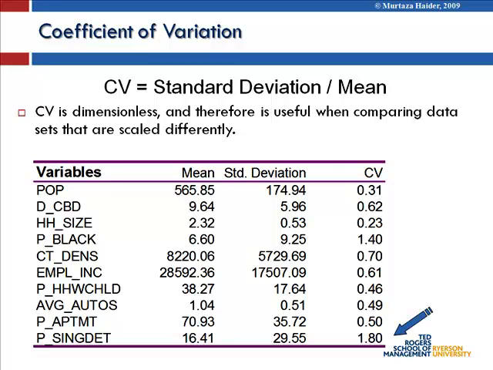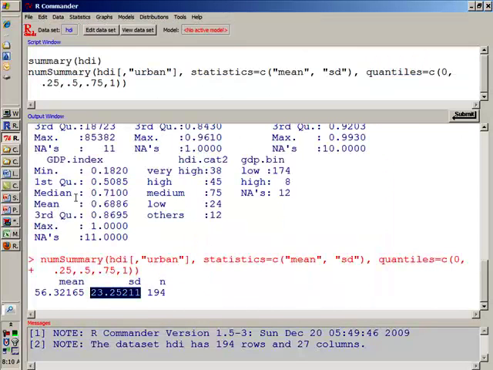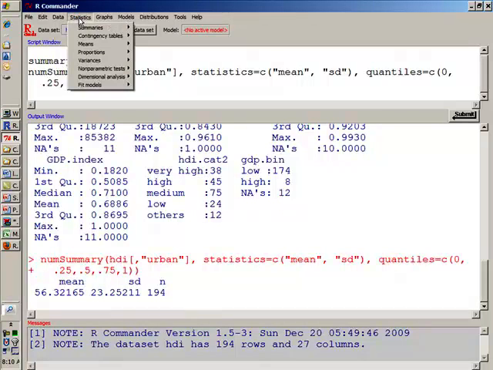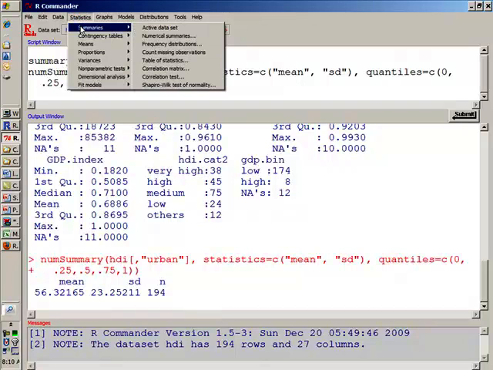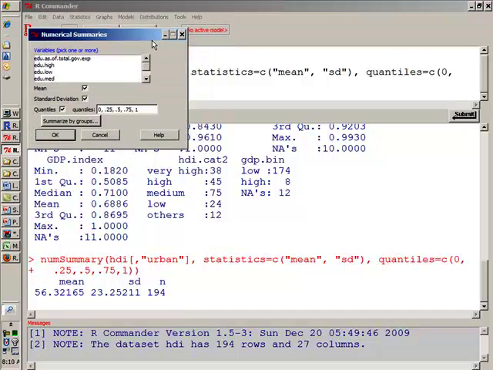And it's useful when you're comparing data that are scaled differently. To return to the same example in our Commander, we have the mean as 56.3 and the standard deviation as 23.25.